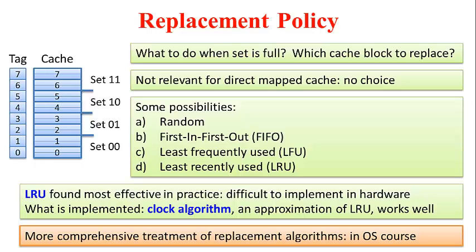In our context, that is the cache memory which resides between the processor and the main memory, the replacement algorithm is implemented by the cache controller, and it suffices for us to know that LRU works well in practice, and what is implemented is an approximation by the name of clock algorithm, which also works quite well.